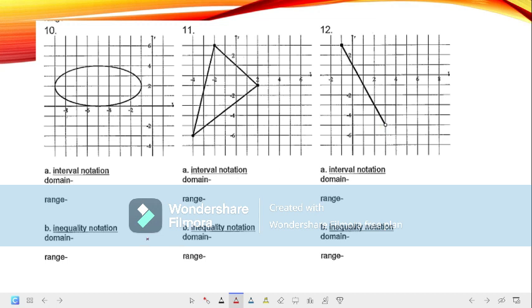Okay, so I hope that everything is clear, and I hope that you're going to enjoy answering 12 items in identifying the domain and range using the interval notation and the set builder notation.